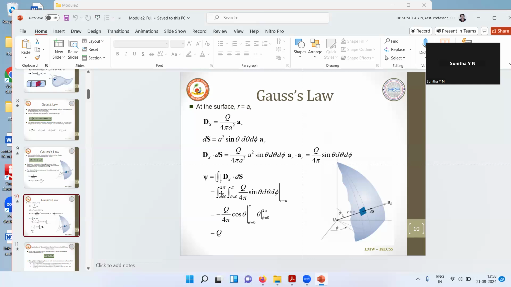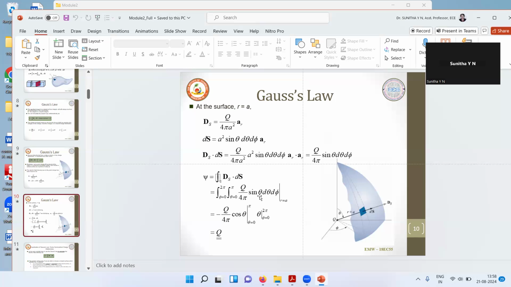A surface integral means two integrals, where the azimuth angle changes from 0 to 2 pi, one complete round of a sphere, and the elevation angle theta ranges from 0 to pi, so as to complete a sphere.